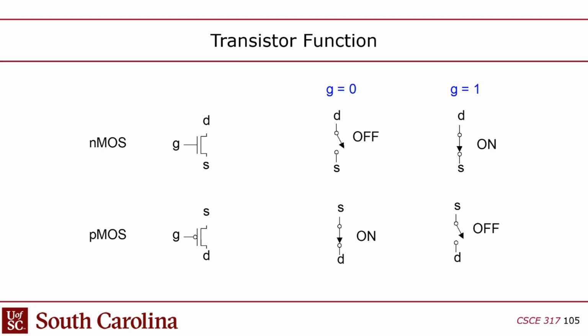But the gate is the input. The gate turns on or off the connection between drain and source. In other words, it electrically connects them or not, right? In the case of an NMOS, they're connected whenever the gate is 1, and in the case of a PMOS, they're connected whenever the gate is 0, and they're off in the other case. That's why there's a little bubble here on the PMOS. That bubble just means there's an inversion there, right?